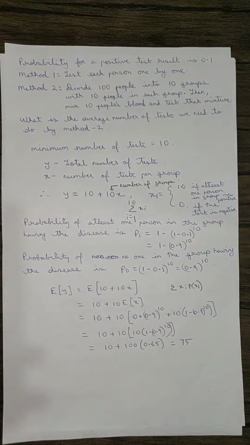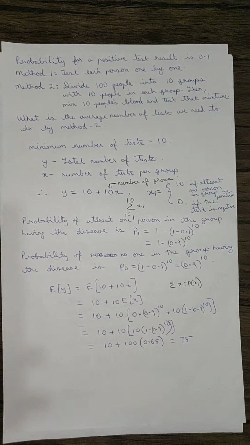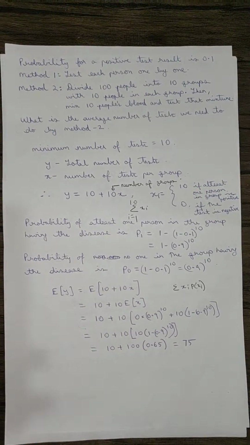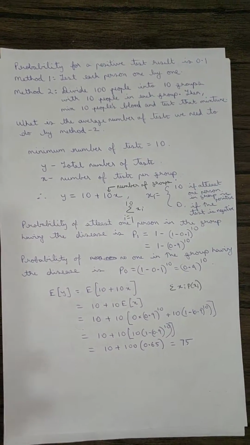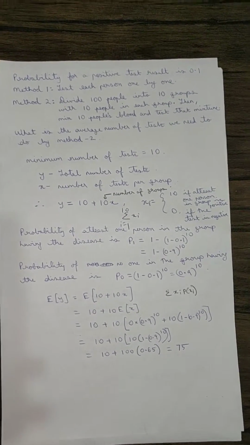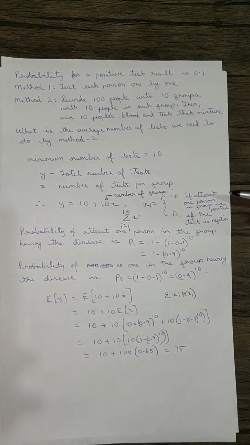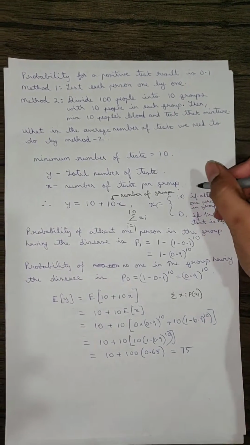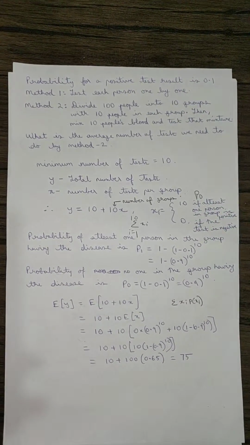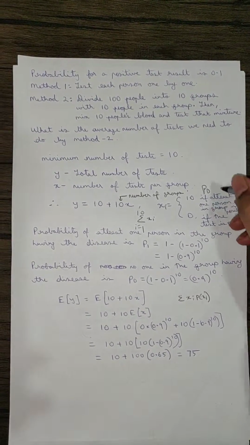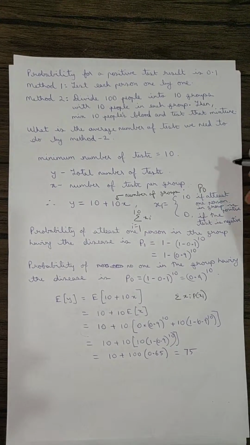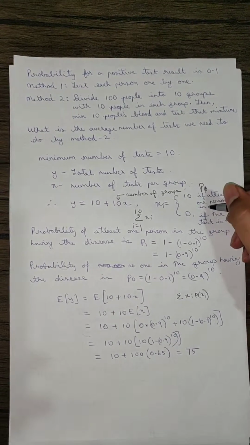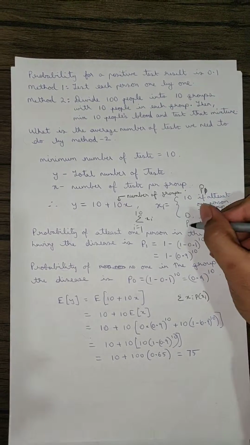A more rigorous representation would be y equals 10 plus the sum from i equals 1 to 10 of xi, where xi is each group, and xi can take a value of 10 with probability p1, and 0 with probability p0.